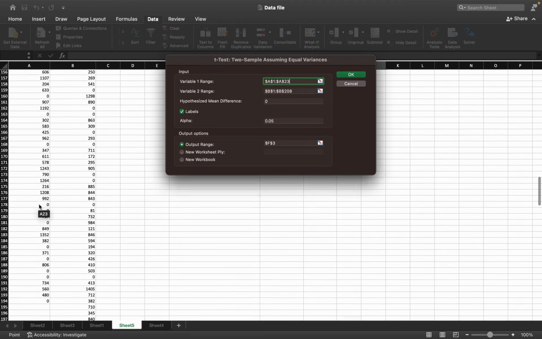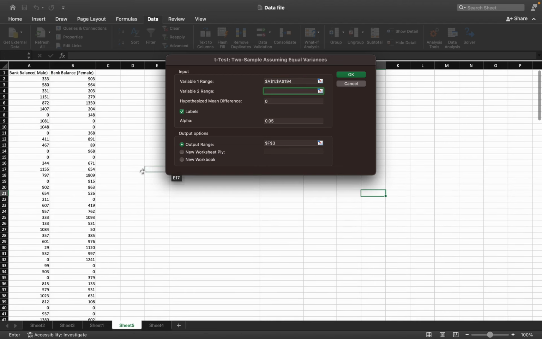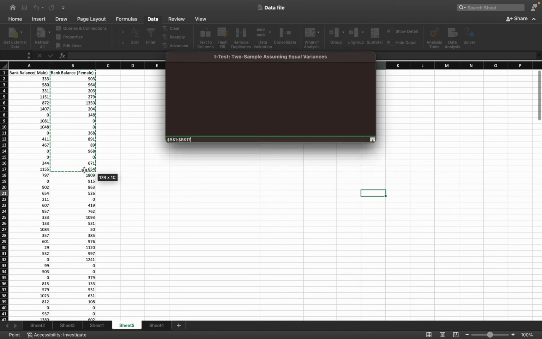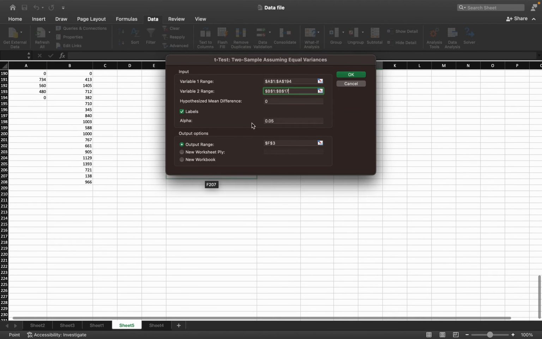The last value is 194. Then I have to select the bank balance of female people. Here the last value is 208. Okay, so I have to select 208, and the hypothesized mean difference is 0, meaning there is no difference.